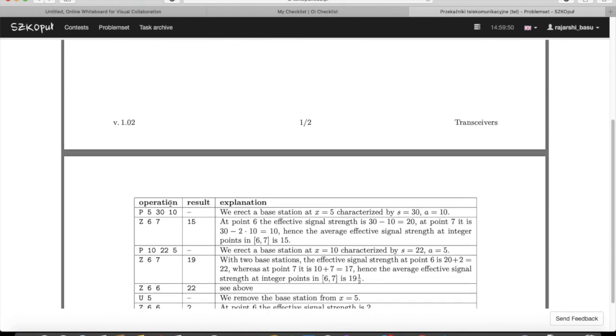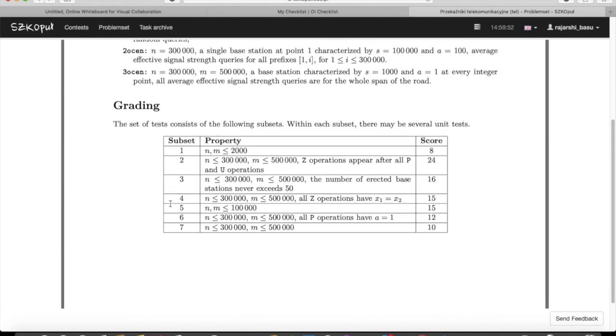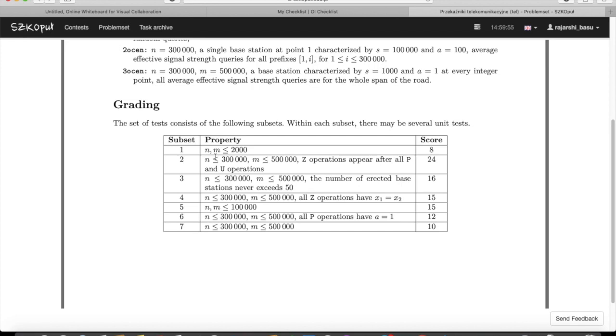Now let's look at the constraints. The first subtask is n, m less than 2000. There are multiple subtasks. Overall, we are given that n is less than 300,000 and m is less than 500,000. Rather, n is the total number of villages and towns, not the number of stations, and m is the number of operations.